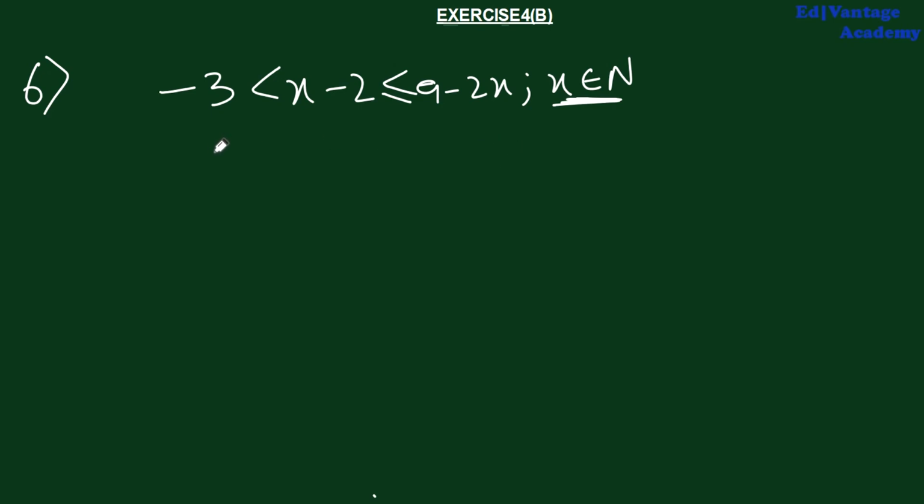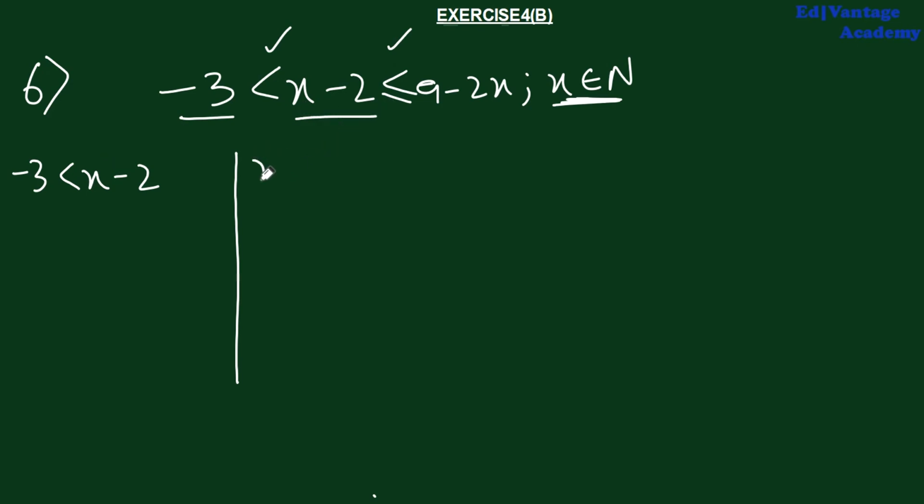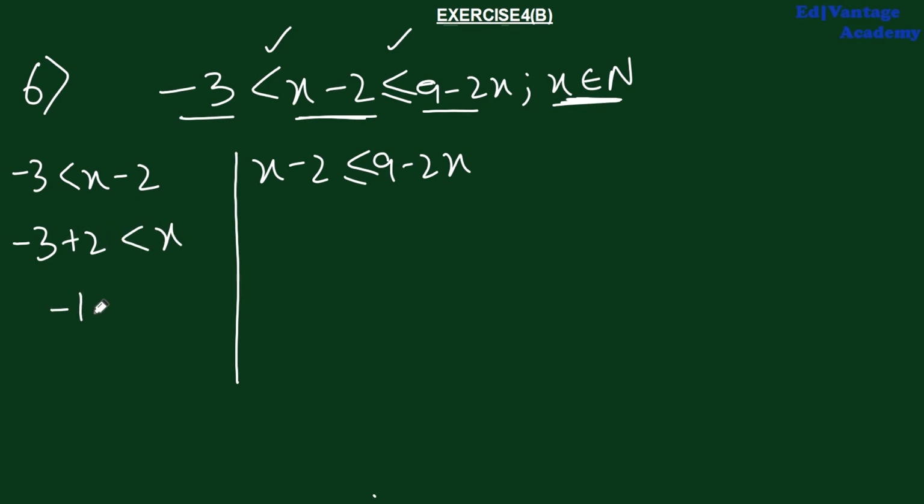So they actually didn't ask us to plot the graph, they said list the elements of the solution set. Fine, let us first simplify it since we have two symbols. So minus 3 lesser than x minus 2, this and this part comes to one side. x minus 2 lesser than or equal to 9 minus 2x, center and right comes to another side. We simplify this. Minus 3, 2 goes there, it becomes plus 2, that is minus 1.